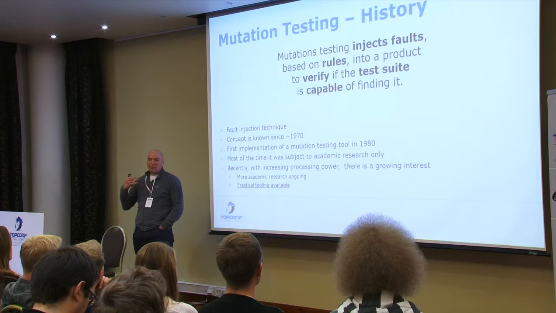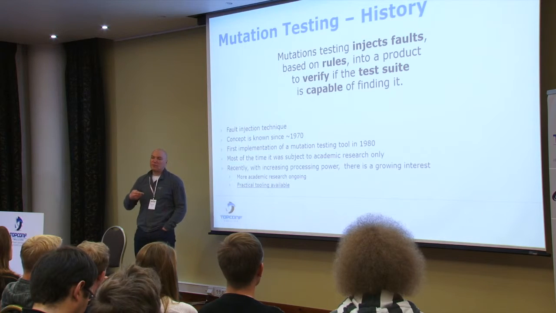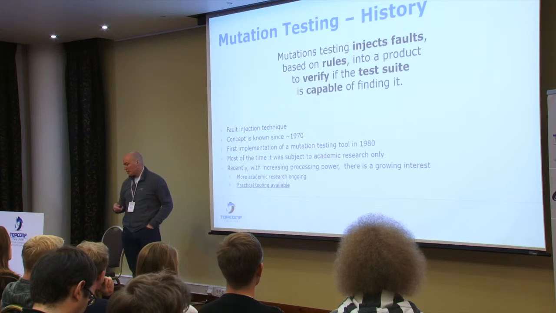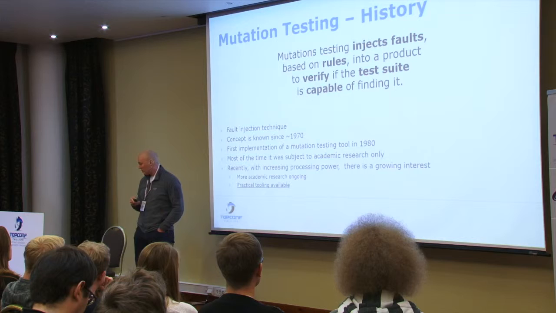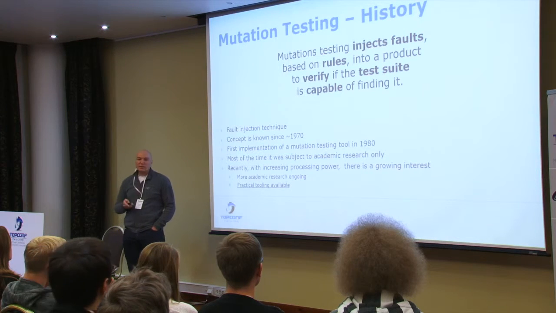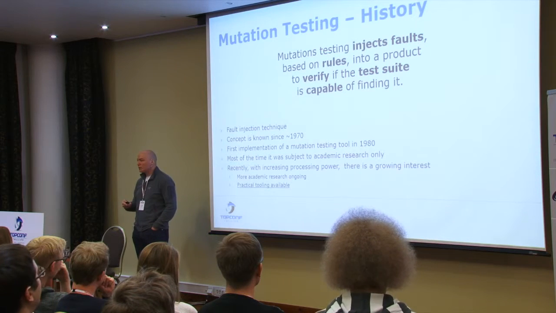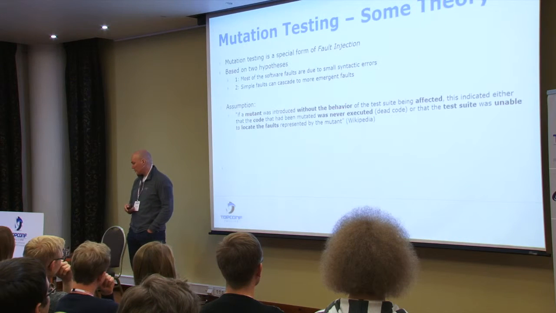The problem is it's very computationally expensive. Only recently, when the processing power increased, did the entire topic get more attention, and especially practical tooling is now available, which I will show you later. But still, a lot of academic research is going on. Quite interesting papers, especially what they found out with mutation testing regarding testing in general.